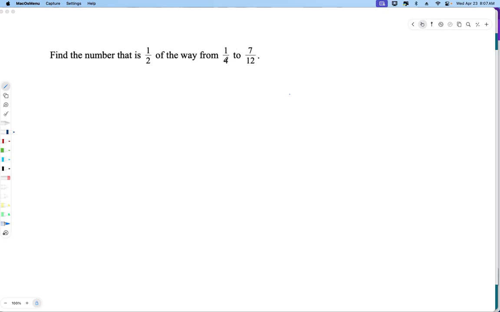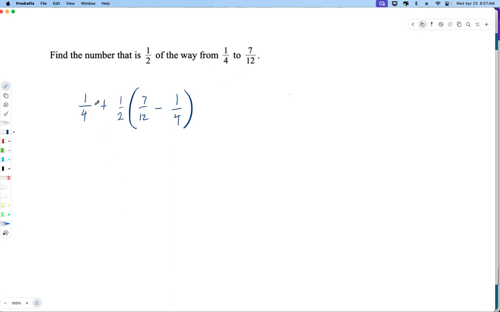So 1/4 is the starting point. So we start our expression with that, plus half of the way, so half, ending point minus starting point, and that's going to give us our range. That's the way we're going to do it every single time, okay?